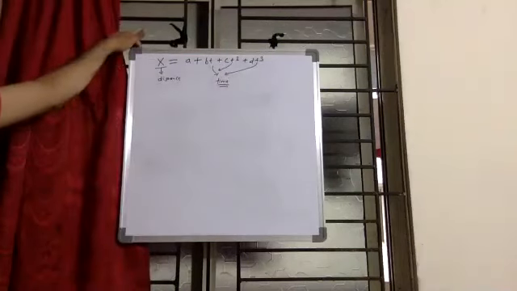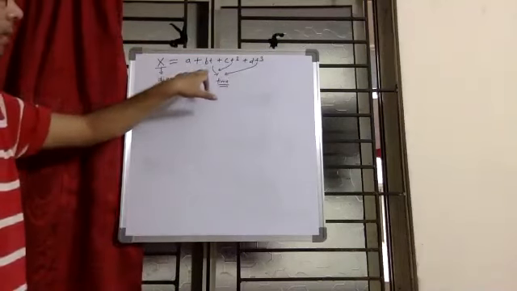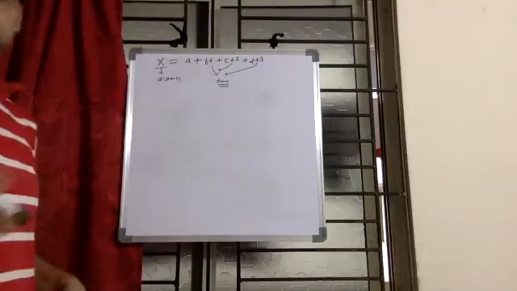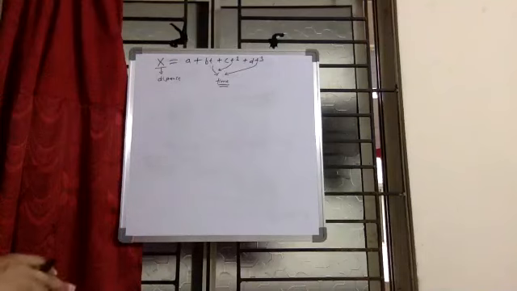So we have to find out the dimension of A, B, C, and D. We already discussed this, but on that PPT it was very difficult to explain, so that's why I chose this problem again.